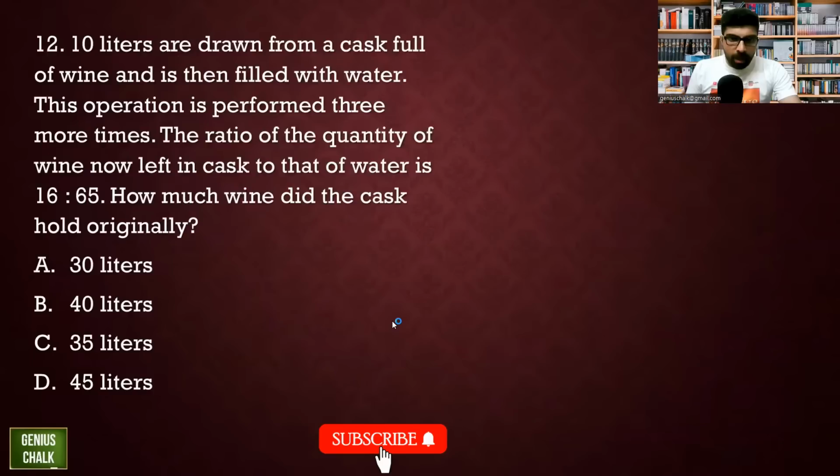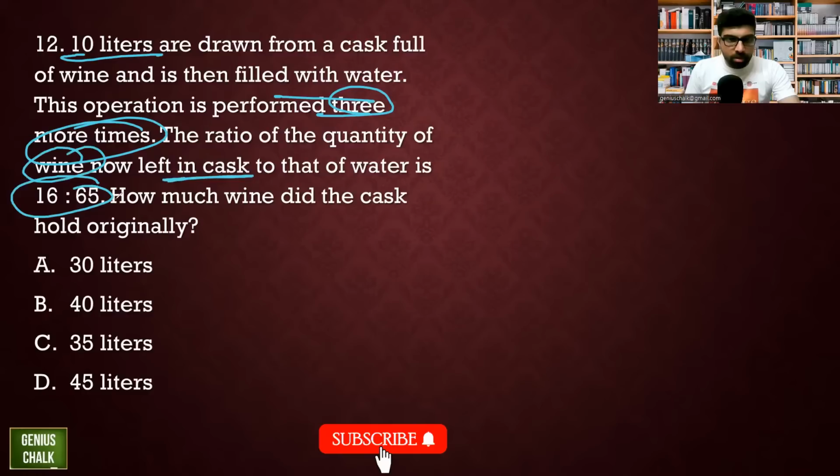Okay, let's come back to the same type again. 10 liters drawn, how much time? 3 times, 3 more time. That means total 4 times. So the amount of liquid wine left is 16 is to 65. Again, focus. Now I'll solve this question using ratio only. So I am left, wine is 16, right?